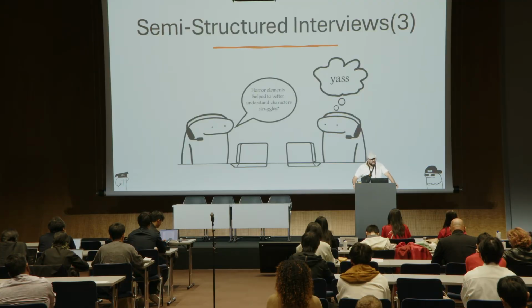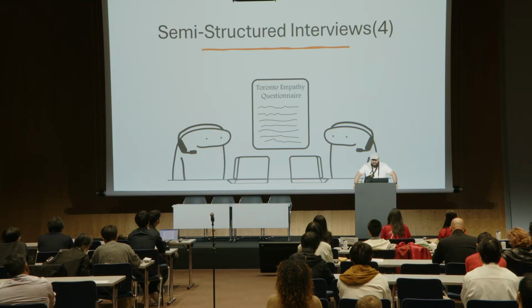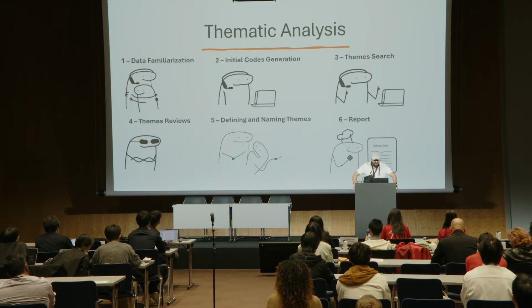Then we resumed our interview and asked more specific questions, like, do these horror elements help you to connect to the characters? Then we finished with the Toronto Empathy Questionnaire to measure their empathy levels. In this, only one participant was excluded because they had a low empathy score. And we did a very brief thematic analysis.